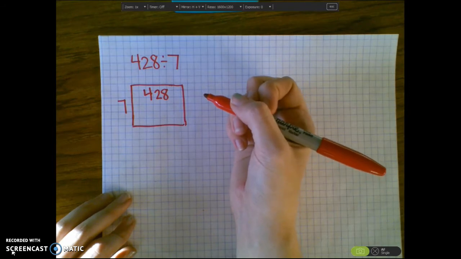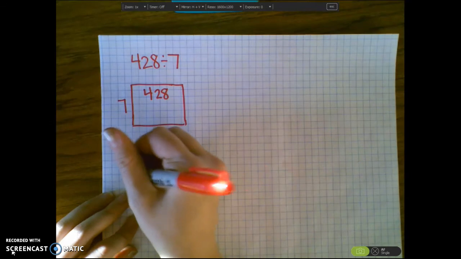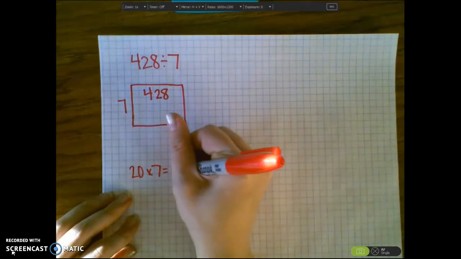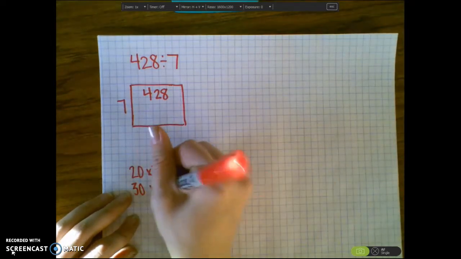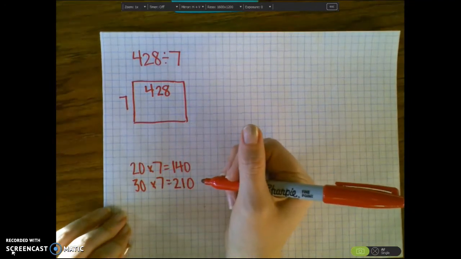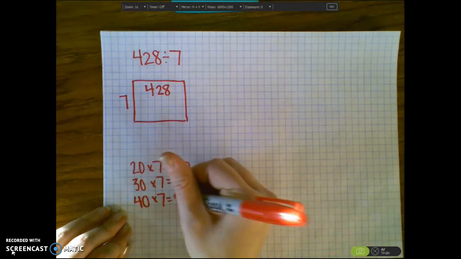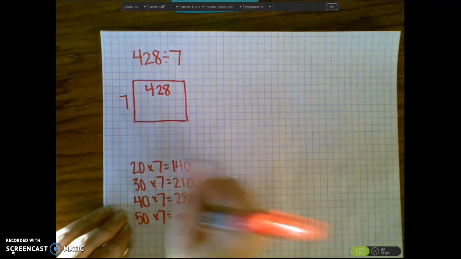Would 20 groups of 7 fit into 428? Yes, it would, because we know that 20 groups of 7, or 20 times 7, is 140. What about 30 groups of 7? That would fit because that's 210. How about 40 groups of 7? 50 groups of 7?